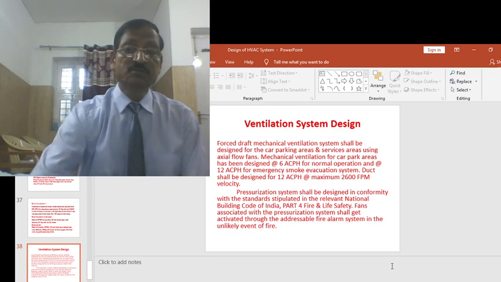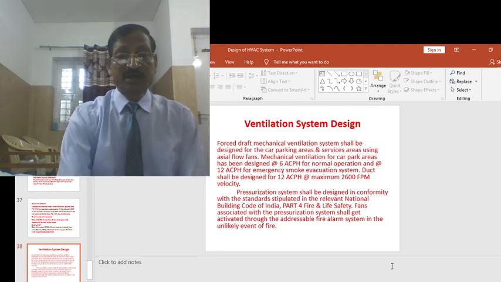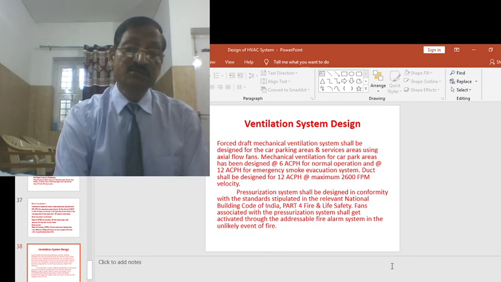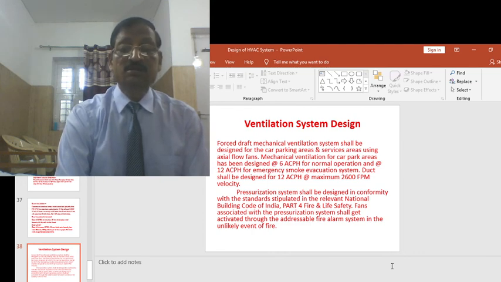Ventilation system. As per the fire norms, we have to provide ventilation for all parking areas in the basements and plant room areas, and pressurization of the lift well, lift lobby and staircase.